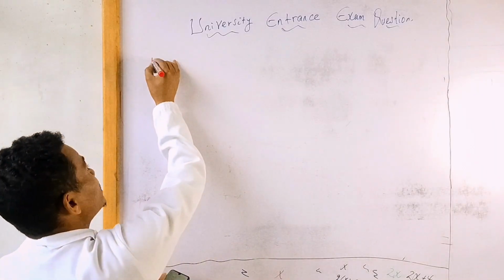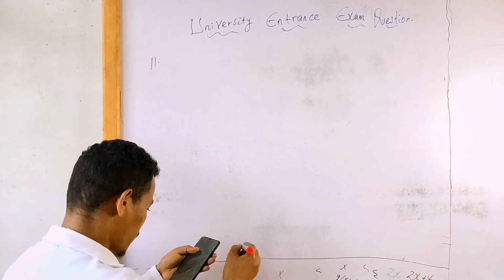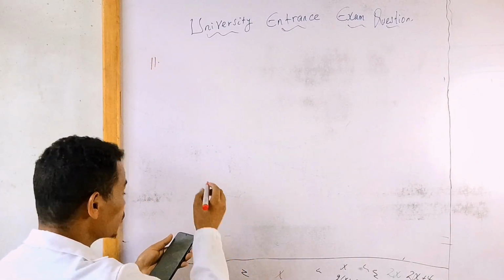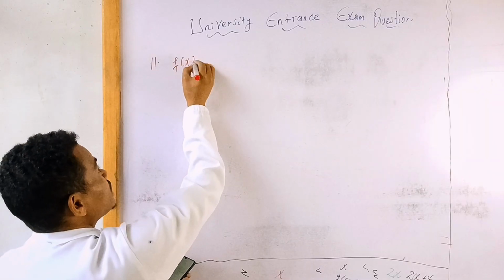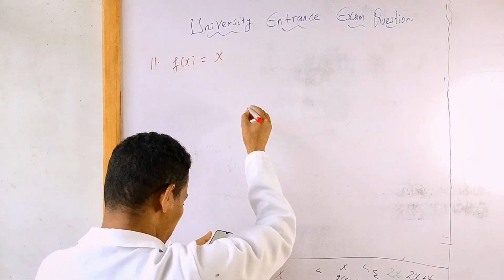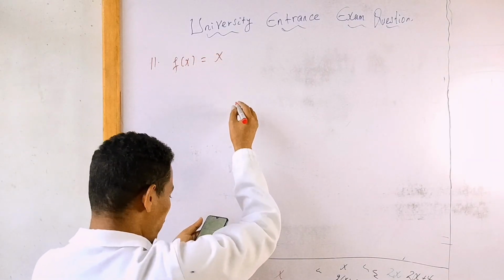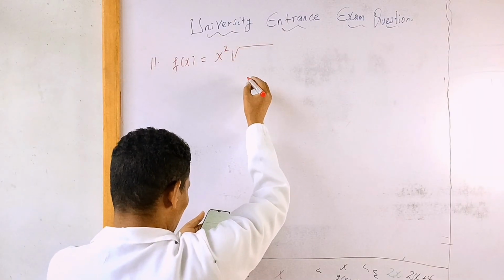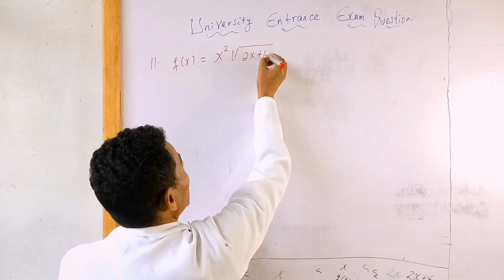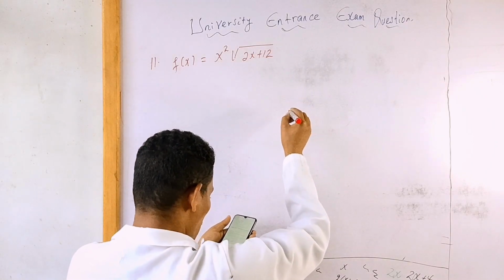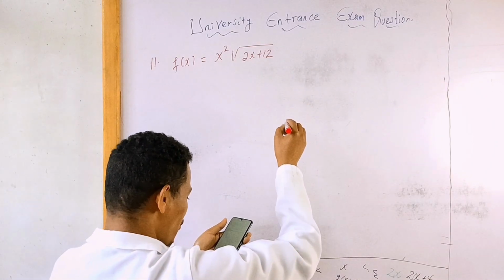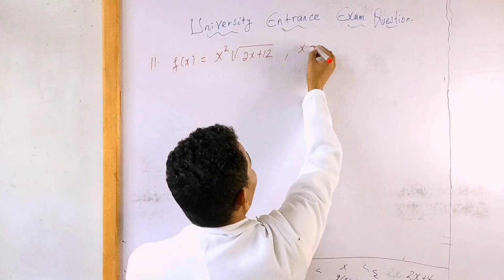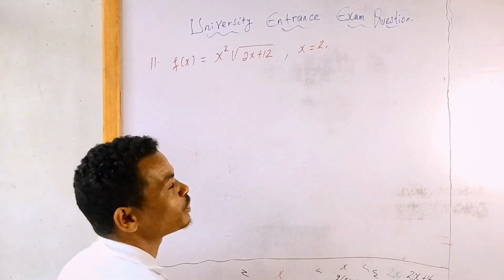Question number 11, አስራአንደኛ ጥያቄ። Okay, for f of x is equal to x square radical 2x plus 12, what is the equation of the tangent line to the graph of f at x is equal to 2? Equation of tangent line.